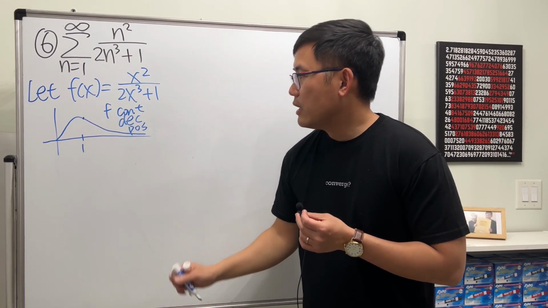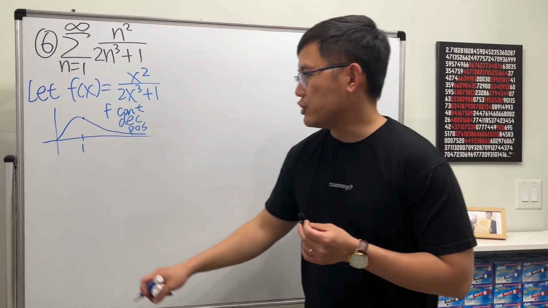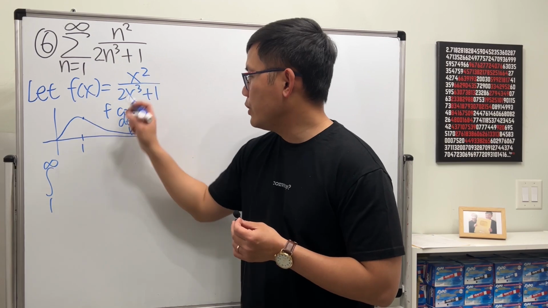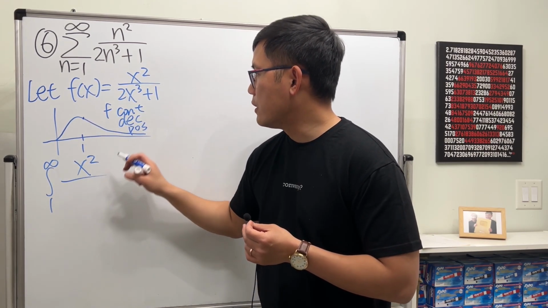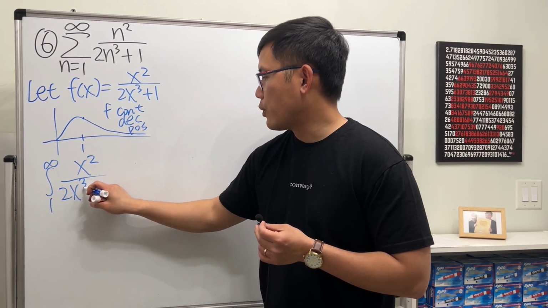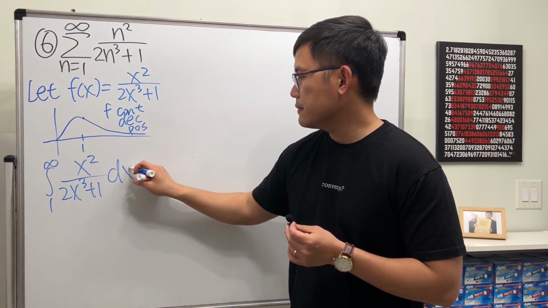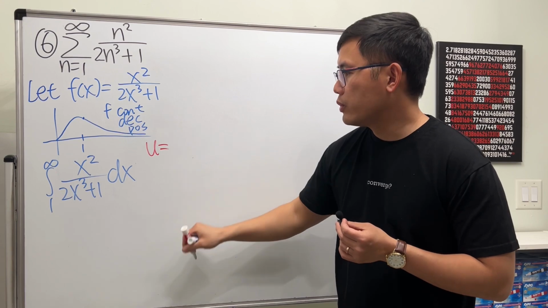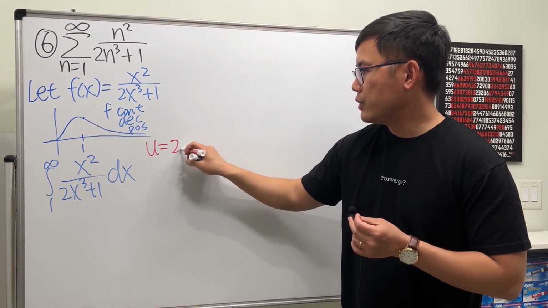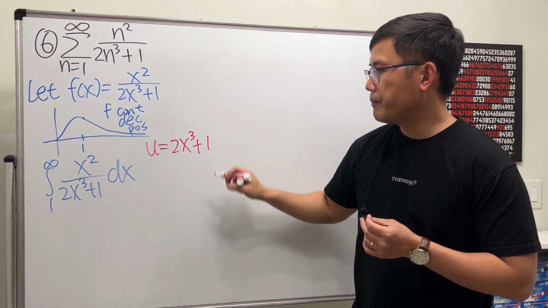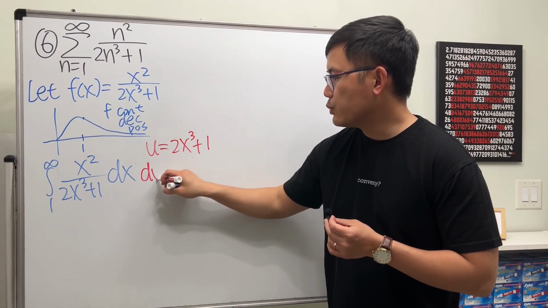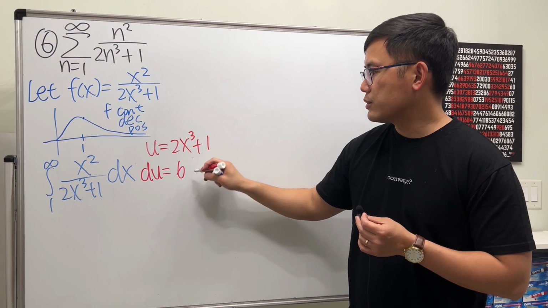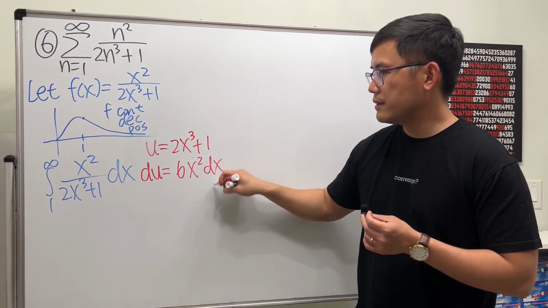All right, after this, of course, let's just go ahead and check our integral. We go from 1 to infinity. Here we have x squared over 2x to the third power plus 1. To integrate this, we do u sub. Let u equal the denominator, 2x to the third power plus 1. Differentiating both sides, we get du is equal to 6x to the second power.